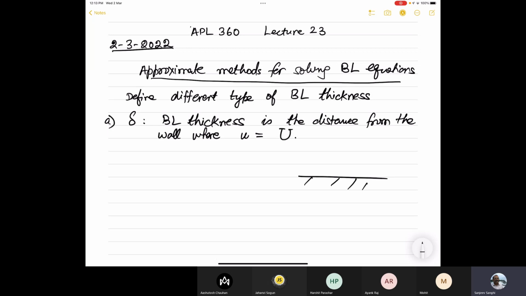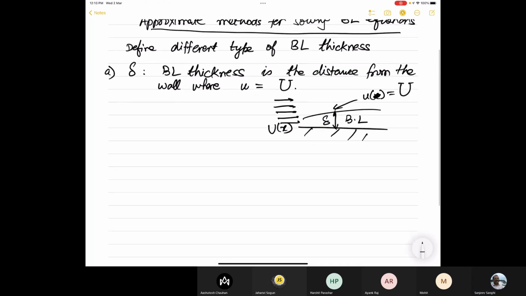This is the boundary layer, and the flow at the boundary, capital U of x, is the external flow. So the distance from the wall where small u, which could be a function of x or y both, is equal to capital U, that is what we call the boundary layer.